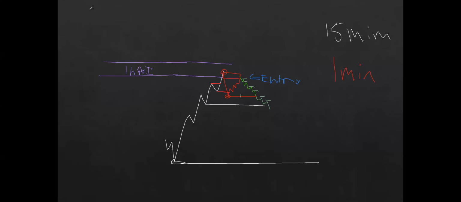So because we have that, and then just below it, let's say we have an unmitigated POI, then you can expect price to make some type of retracement. So eventually it's going to break that, because now you have a range from here to here. So you have to be aware of your bigger range. Your bigger range can be the 1 minute, can be the 15 minute, depending on what range is currently priced in.